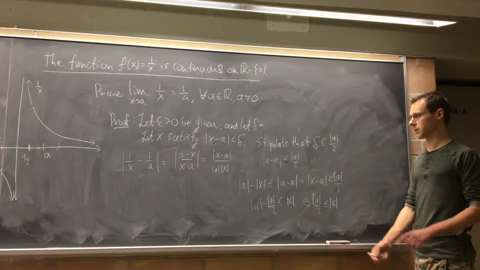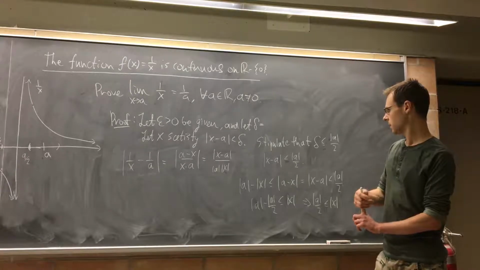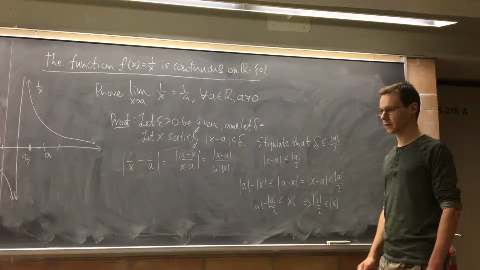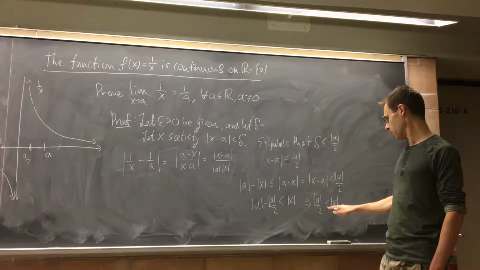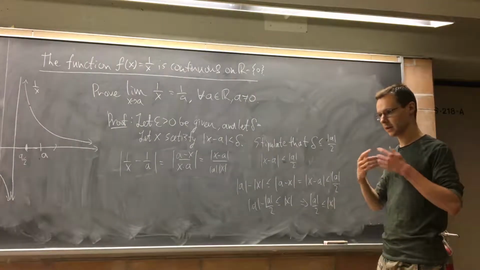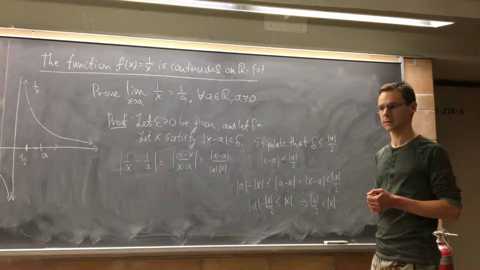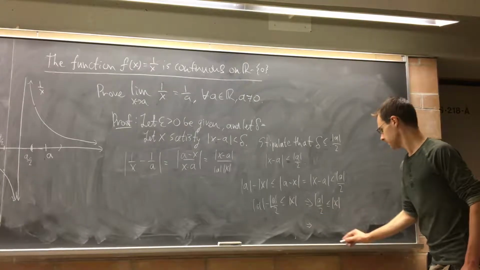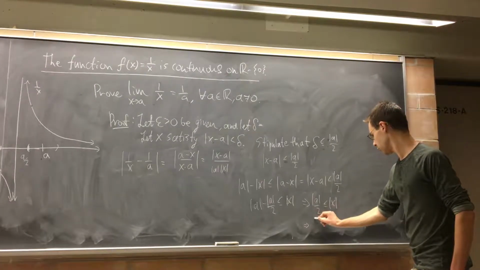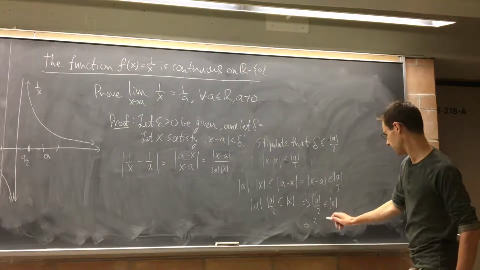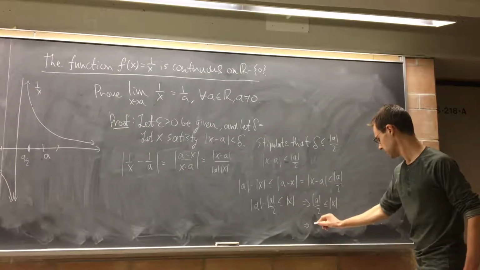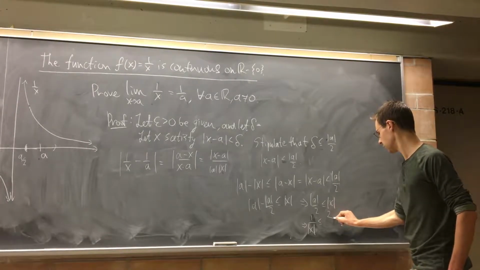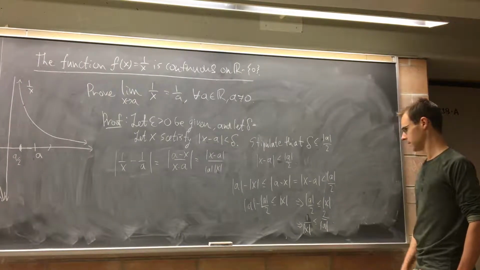Okay? So notice, regular triangle inequality is good for getting an upper bound on x. Reverse triangle inequality is good for getting a lower bound on x, which is an upper bound on 1 over x. Okay? Important. So this implies that 2 over abs A is greater than or equal to 1 over abs x. Or let's reverse that. 1 over abs x is less than or equal to 2 over abs A. All right?